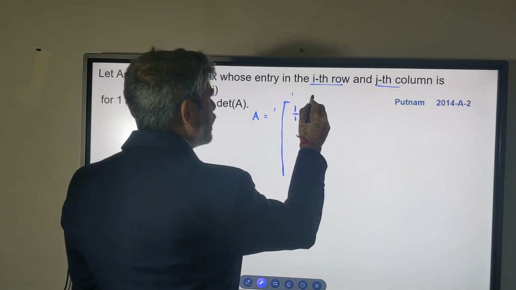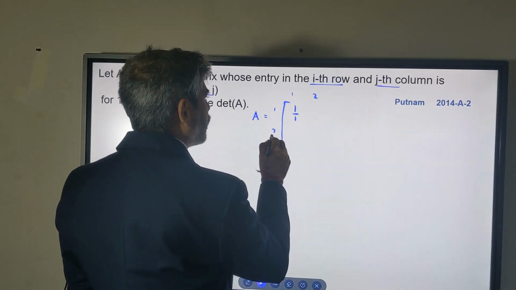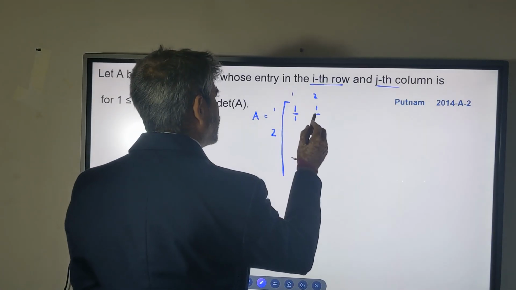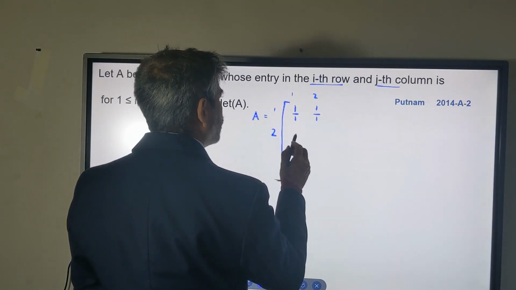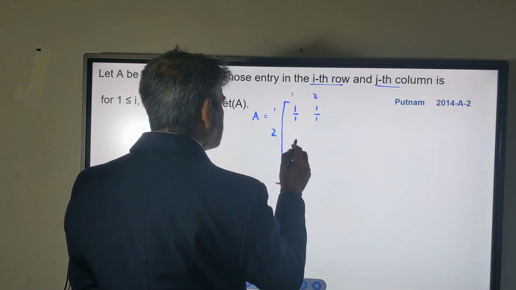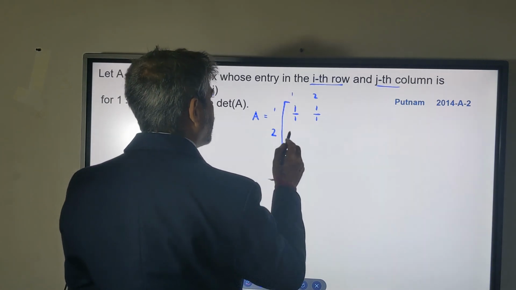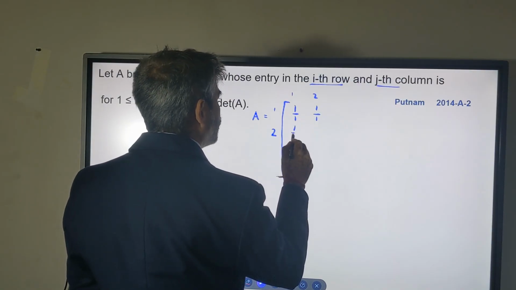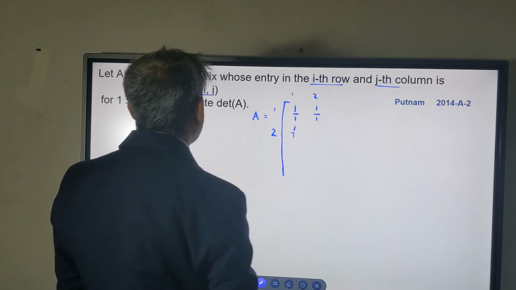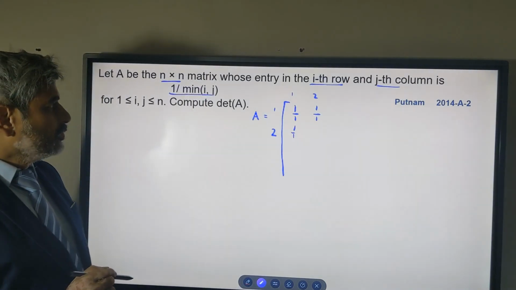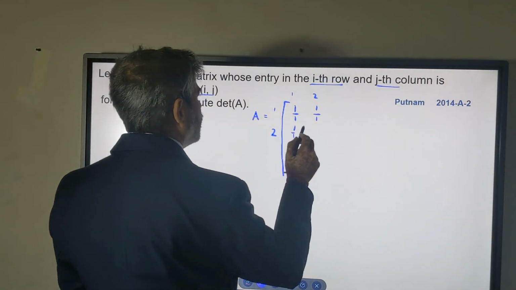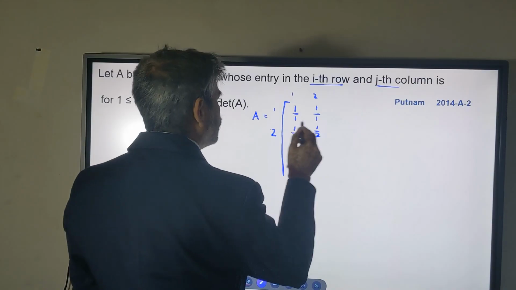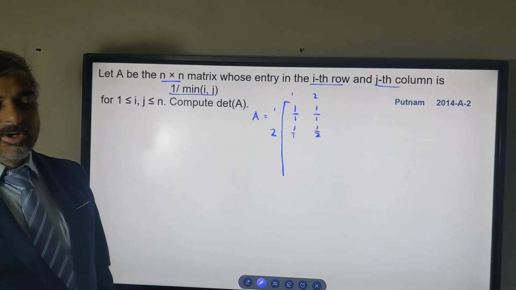Then the second column in the first row is 1 upon min of 2 and 1, which is 1, so this is 1 by 1. And then the second row, this is going to be 1 by 1, and then this again is 1 by 2, because min of 2 and 2 is 2.